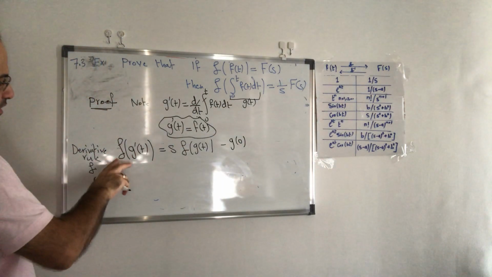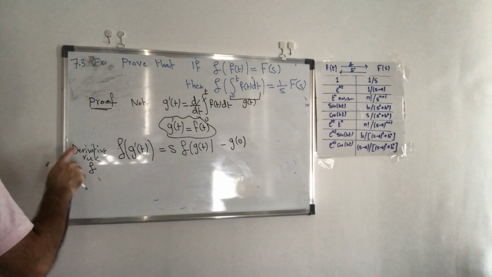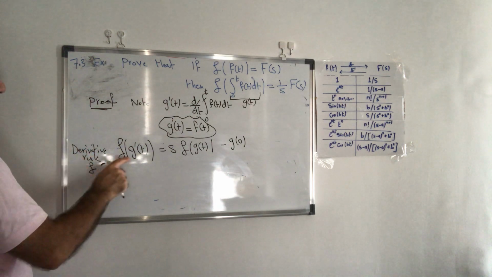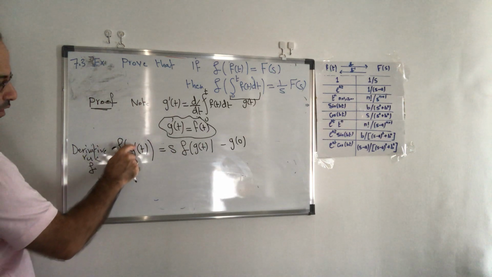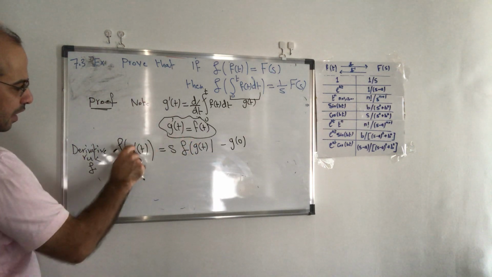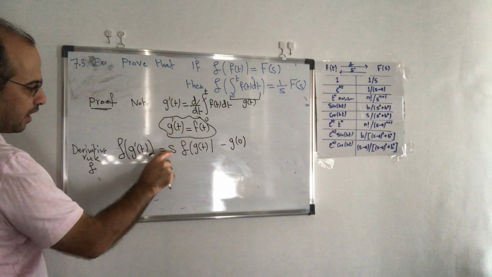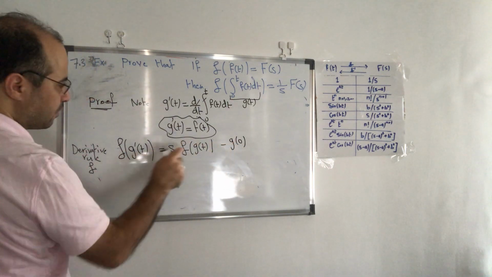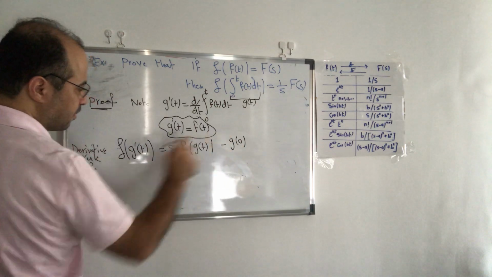This is how you do the Laplace transform for the derivative: cancelling the derivative, multiplying by s, and subtracting g of 0.